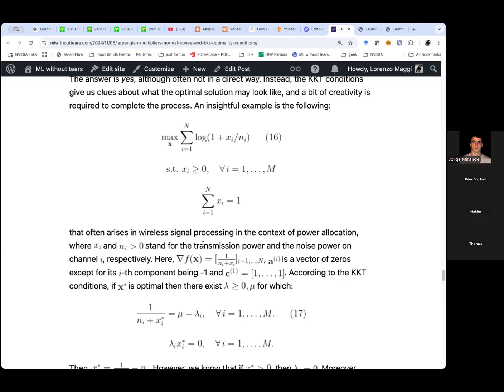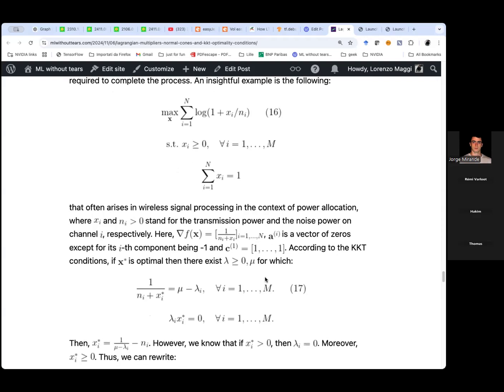According to the KKT conditions, if x star is optimal, then there exist some positive lambdas and some real mu such that the gradient can be seen as the sum of lambda a's plus mu c.